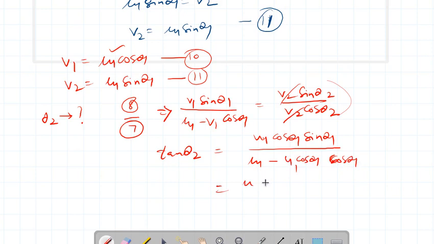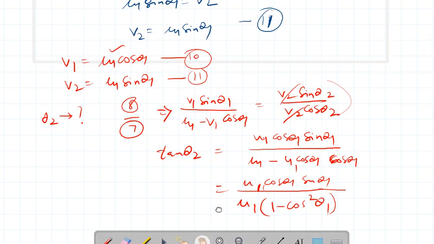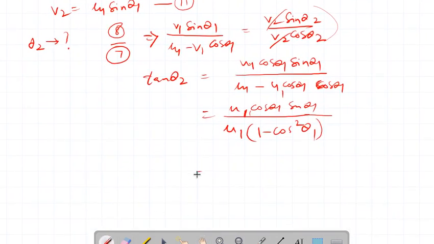So taking U1 outside, it is cos of theta 1 sin of theta 1 divided by U1 times 1 minus cos square theta 1. Now U1 will cancel out with this U1, and we have cos of theta 1 into sin of theta 1 divided by 1 minus cos square theta, which is sin square theta.